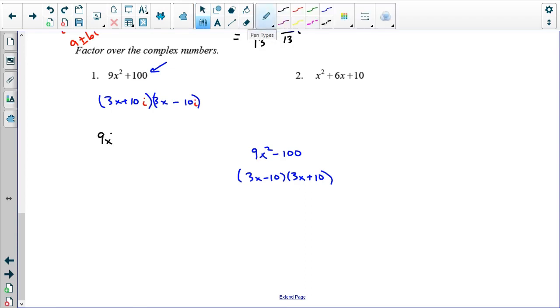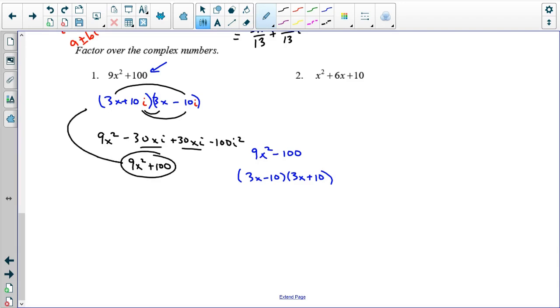I would end up with 9x squared minus 30xi plus 30xi. Notice both of these cancel. And then I end up with minus 100i squared, which turns into plus 100. So this can be factored into 3x plus 10i, 3x minus 10i. So my final answer for number 1 would be 3x plus 10i, 3x minus 10i.